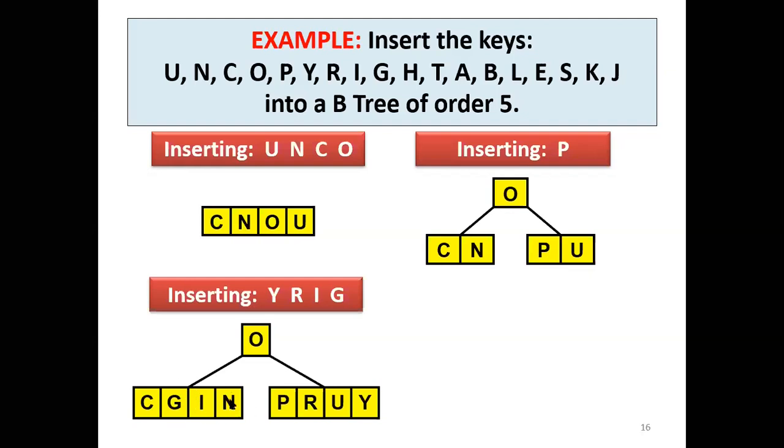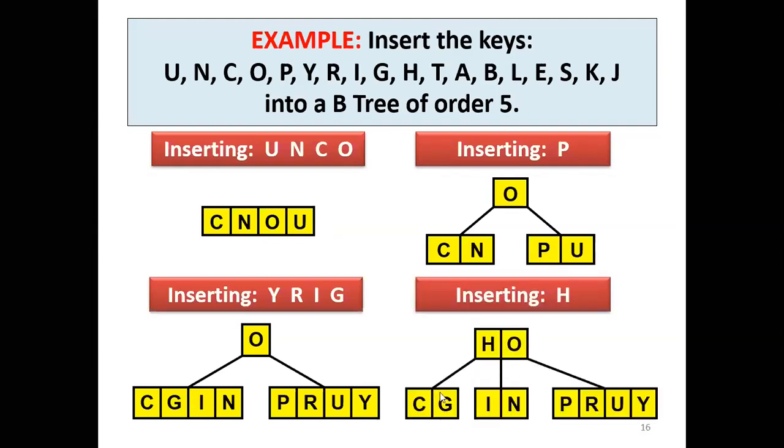But when we insert H at this node, we will exceed the maximum number of data items that this node can contain. Because of that, we have to promote the middle data item, which is going to be H in this case, to the parent node, and split this node into two.